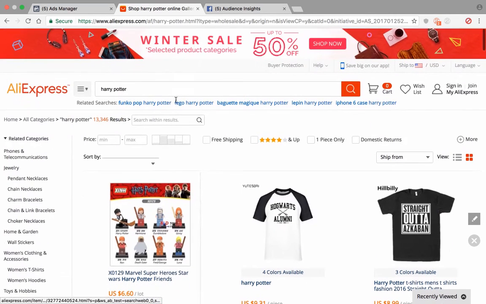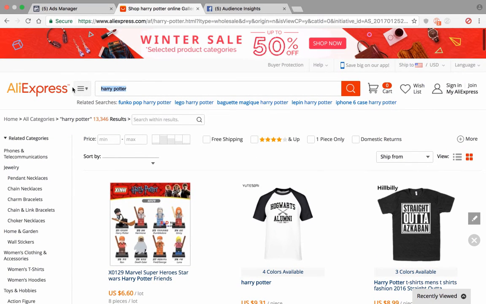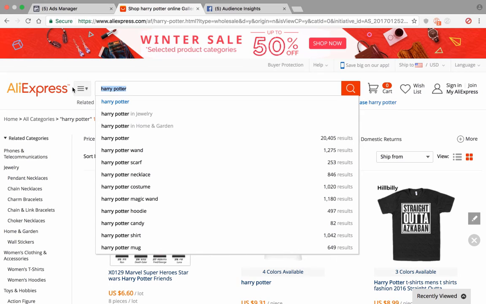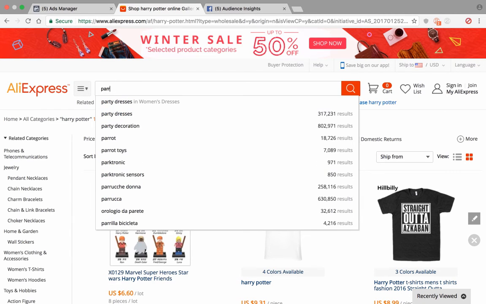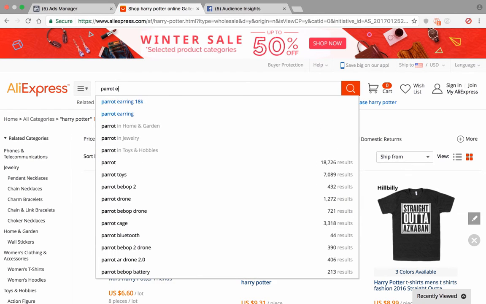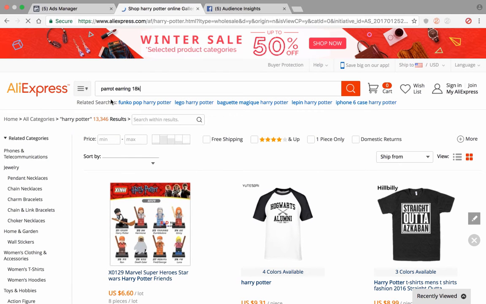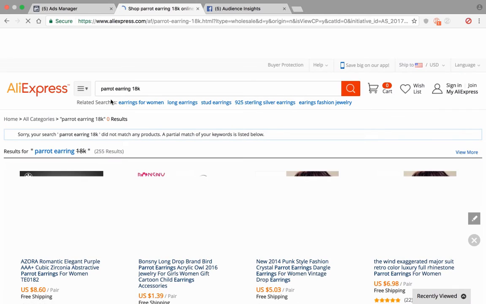Another product, if we want to sell something like, I don't know, parrot earring. Maybe there's a parrot earring somewhere. Parrot product.